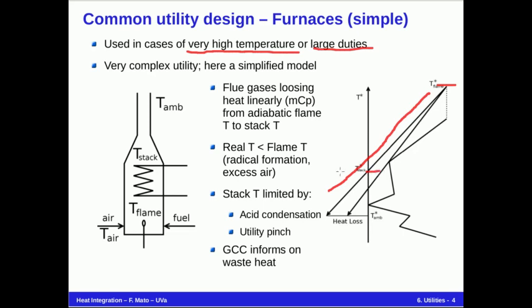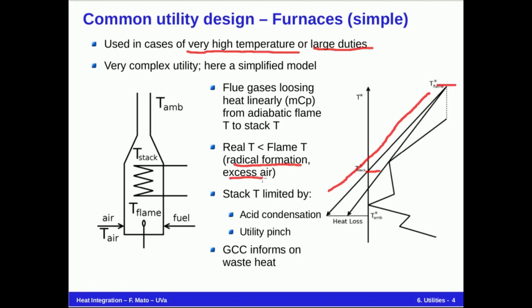This is not real because the real T is less than the flame T because of radical formation, broken molecules, and excess air. But as the temperatures are very high, normally it is precise enough to make the calculation.